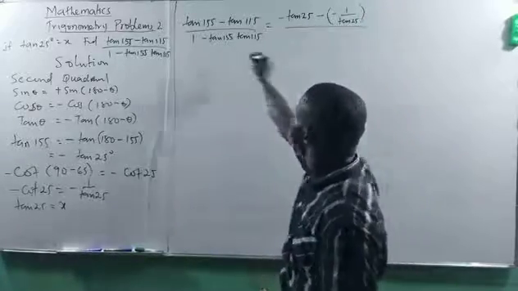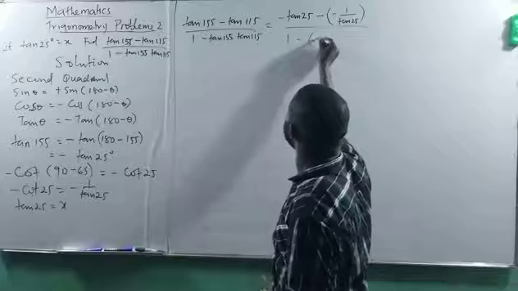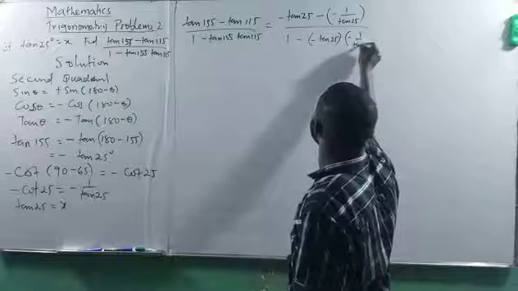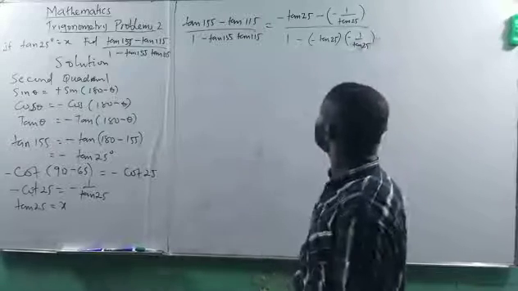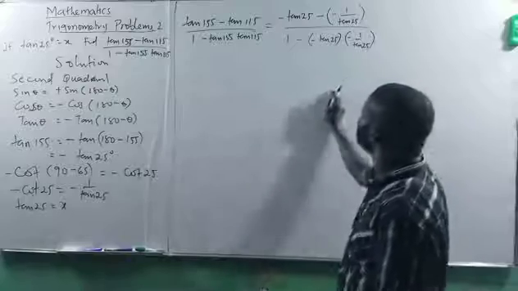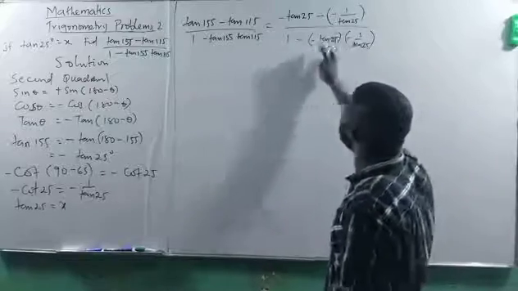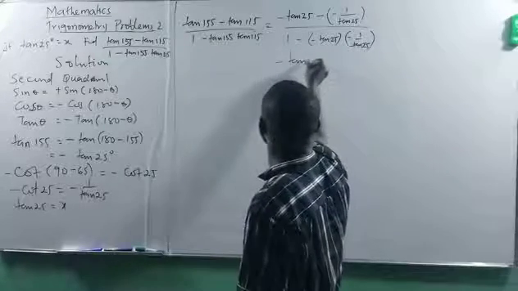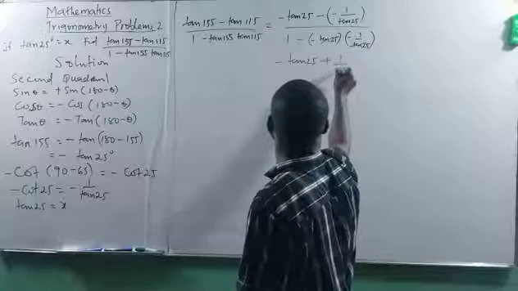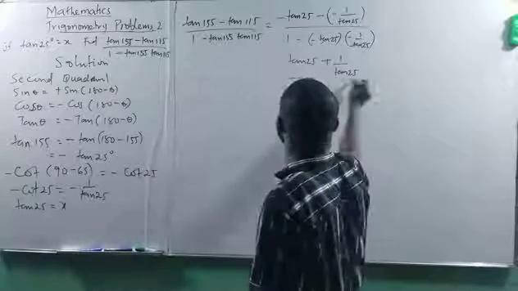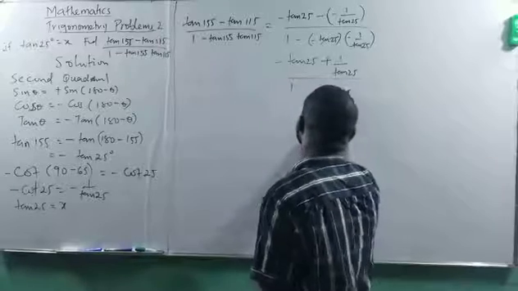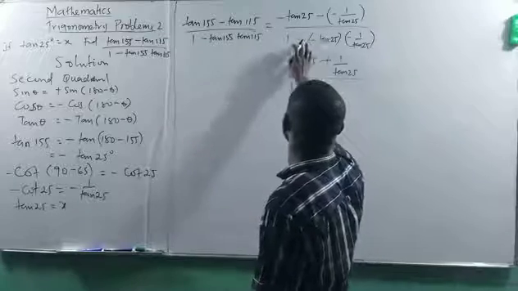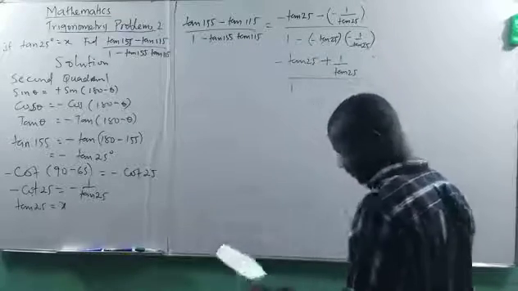This will cancel, and we have minus tan 25 plus 1 over tan 25, divided by 1 minus... minus times minus is plus.